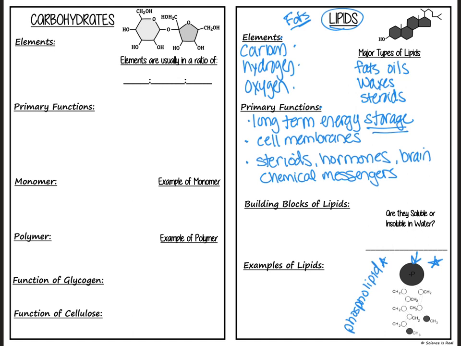Now, the building blocks of phospholipids, like the monomers and polymers of lipids, are called glycerol and fatty acids.